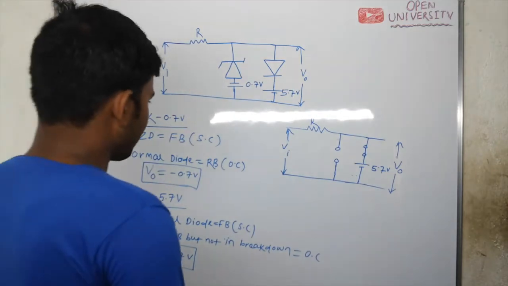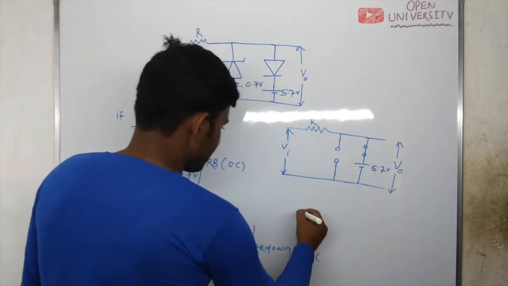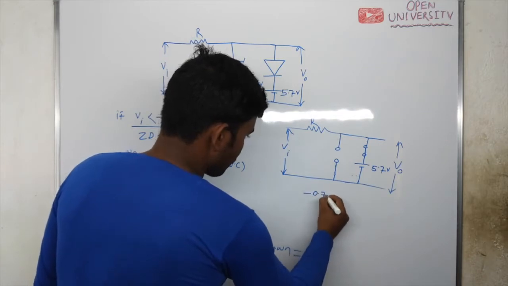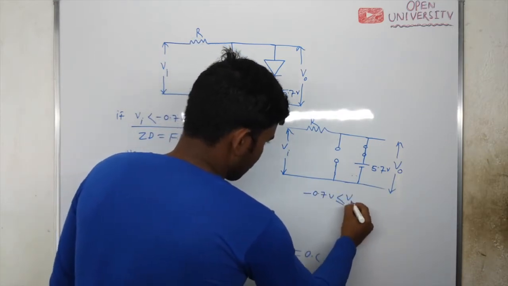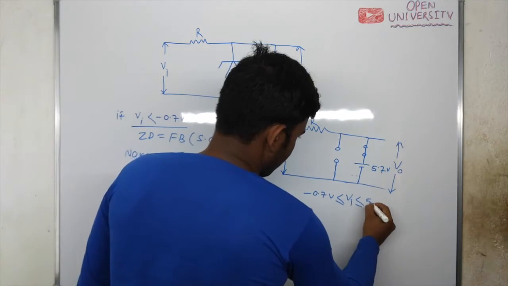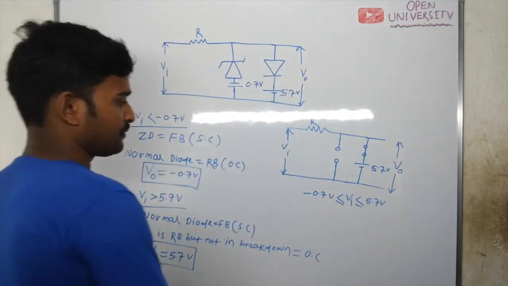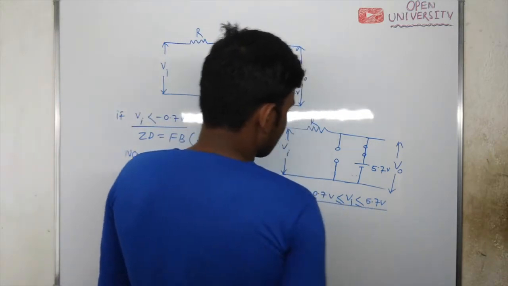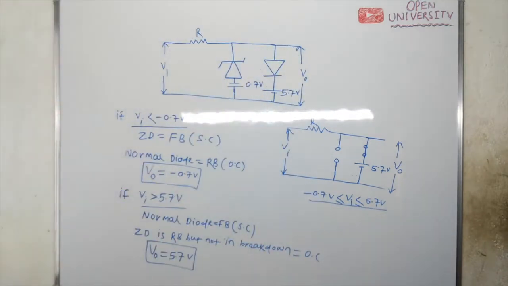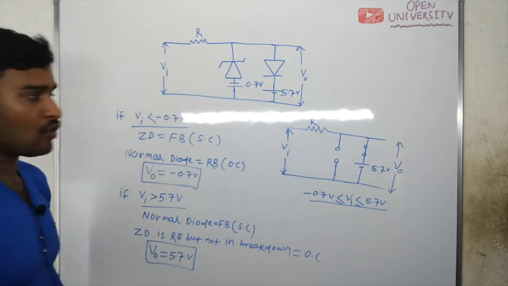Now what about if input voltage is in between minus 0.7 volt to 5.7 volt? In this range, both the diodes will be reverse biased, or open circuited.